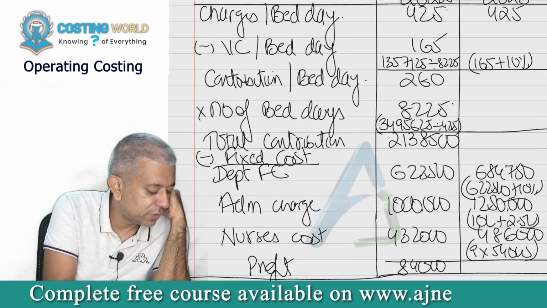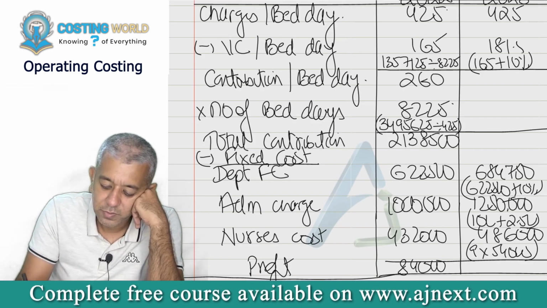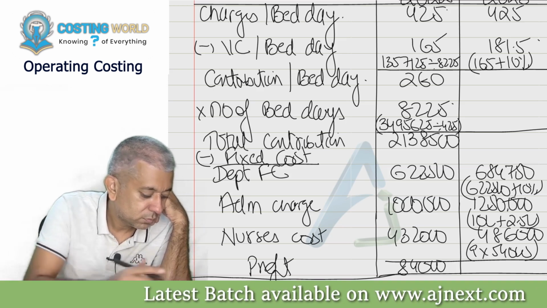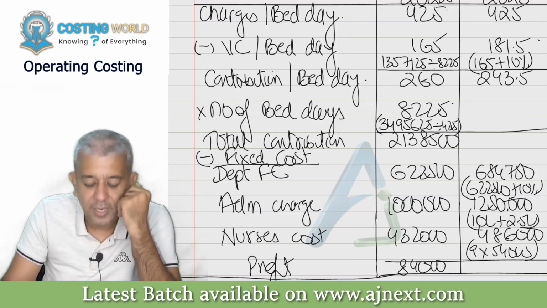Acha, 165 plus 10% is 181.5, minus 425, that is 243.5. Now everybody is going to tell me one more thing: into the number of bed days.